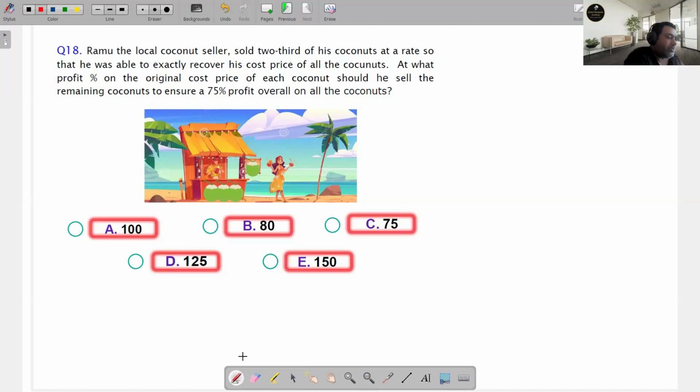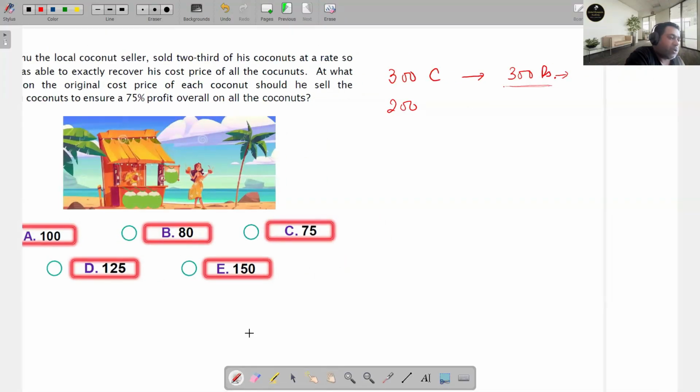Let's say he bought 300 coconuts, and he bought it for 300 rupees. Now to recover this 300 rupees, if he sold 200, in this case, the rate of coconuts is what? One coconut is 1 rupee, correct?